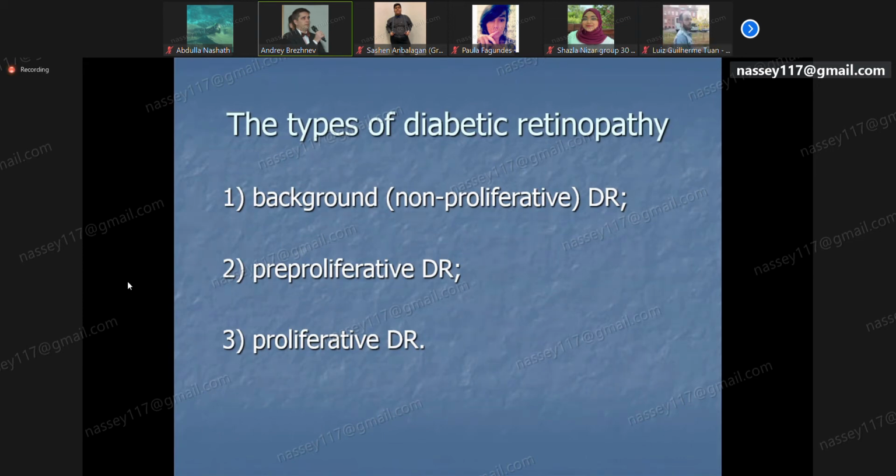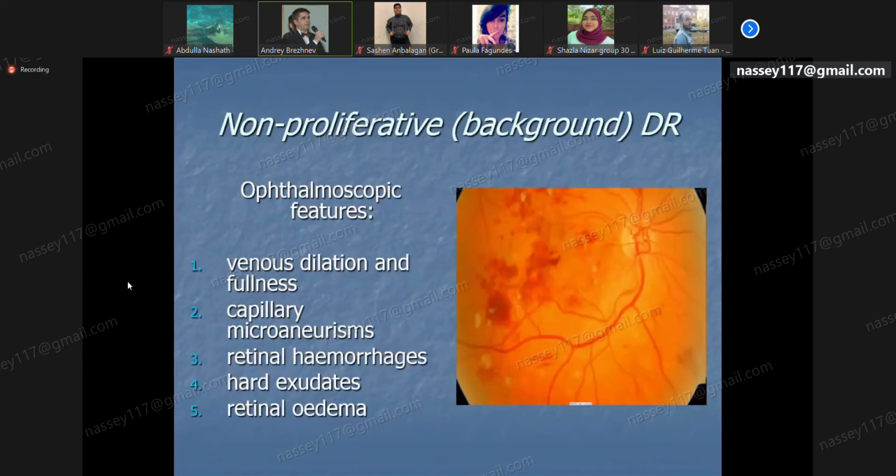So non-proliferative or background diabetic retinopathy. Ophthalmoscopic features of this type include venous dilation and fullness, capillary microaneurysms, and retinal hemorrhages, deep dot and blot, and superficial, flame-shaped in form. And the presence of hard exudates.